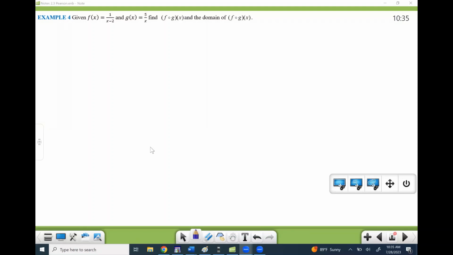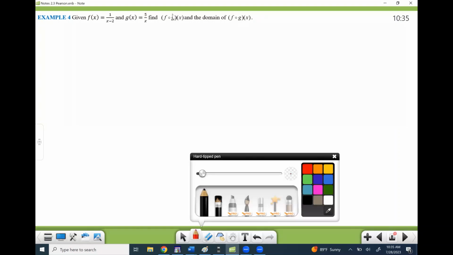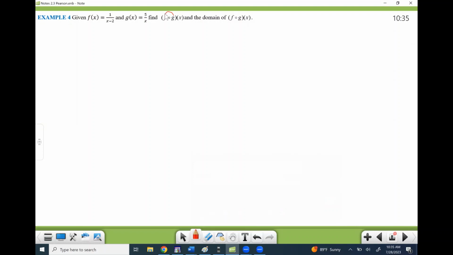So let's come in here and see why we only care about the innermost function. In this case, the innermost function would be G since it's the one on the right. Let's try to see why the domain of G matters, and only G specifically. If we were to do F compose G, then G is going to get substituted into F. So we take 5 over x and substitute it where the x is.